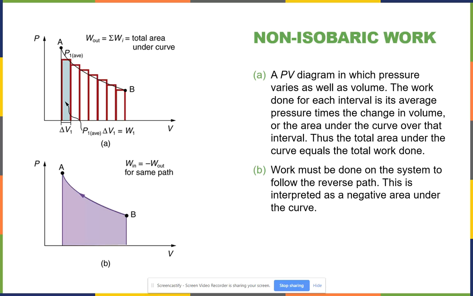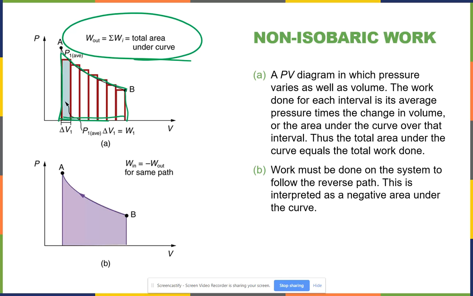Then the height changes a little, and I multiply by this little delta width, and you keep doing that, and you make a whole bunch of little rectangles. You add up all the areas of those rectangles, and that's what an integral is. Okay, we're not in calculus class. So all we do is say, if you were to do that process, the area under this curve would be that integral, so the work is the area under the curve. That's the key output here.